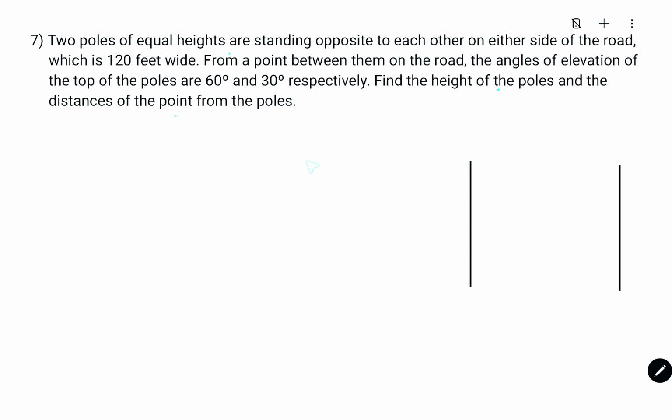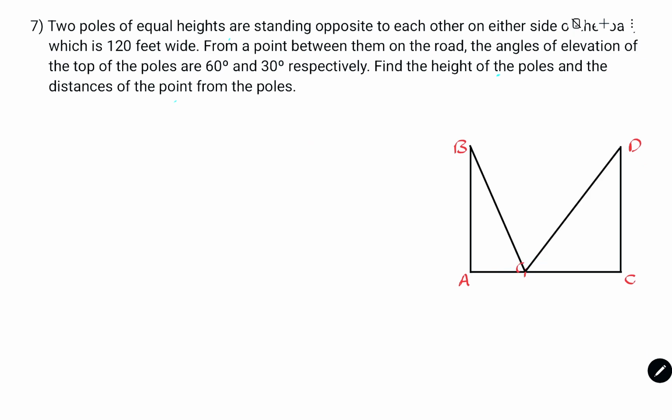Now draw a figure. Draw two vertical lines of equal length. These vertical lengths keep name as A, B, here C, D. Now join AC. This is the surface. From this point, angle of elevation to two poles. Here first angle is 60 degrees. Second angle is 30 degrees.